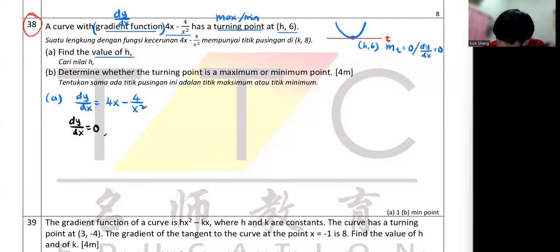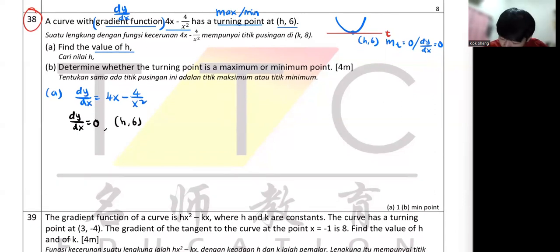The gradient equals 0 at the point h6. So we can sub in here: 0 equals 4 times h minus 4 over h squared. No more other unknown, we only have the unknown h that we want.